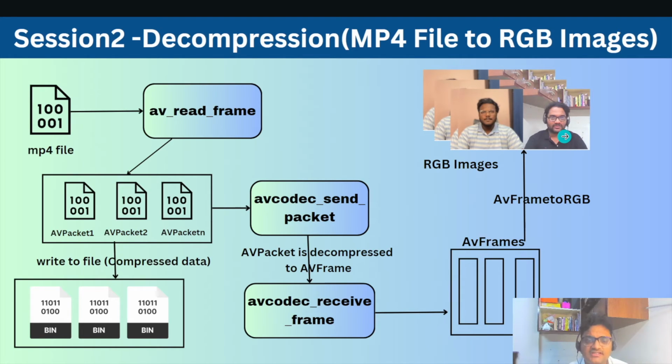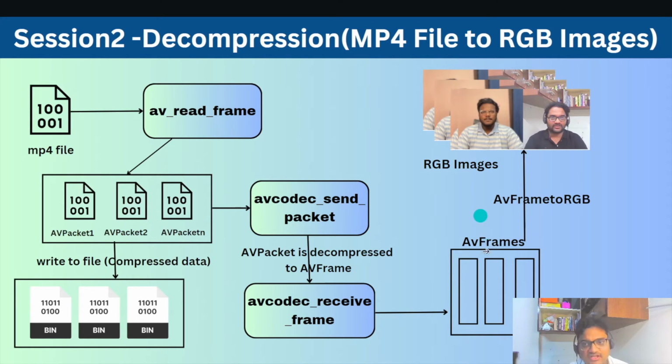So once this image is there, RGB images. Now what is the process to convert each frame into an RGB image? If we read the frame, after reading we get the packets. Just for our understanding, we wrote those packets into a file, and later we decompressed that packet and received the frame, and these frames are written into RGB images.